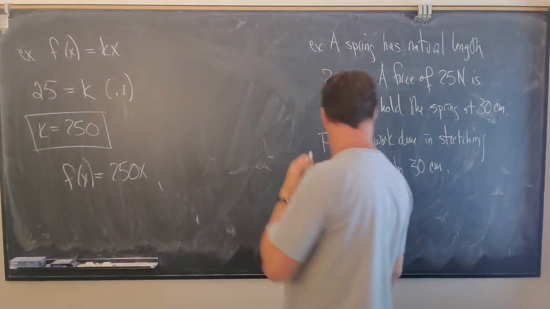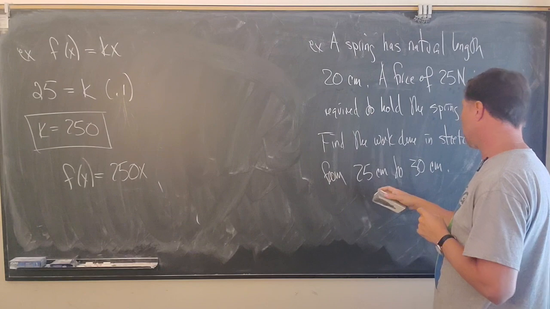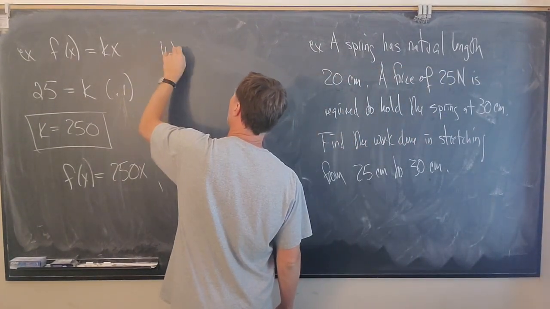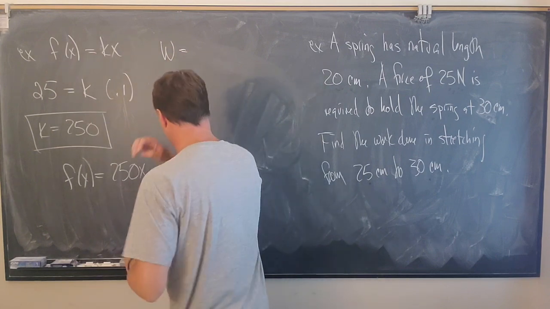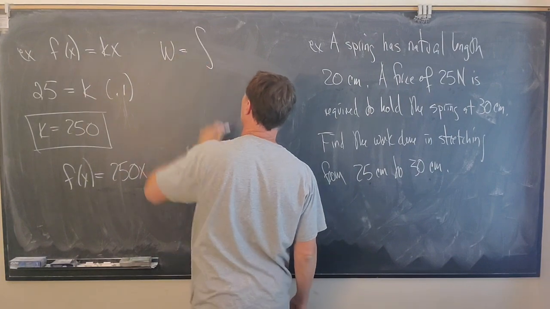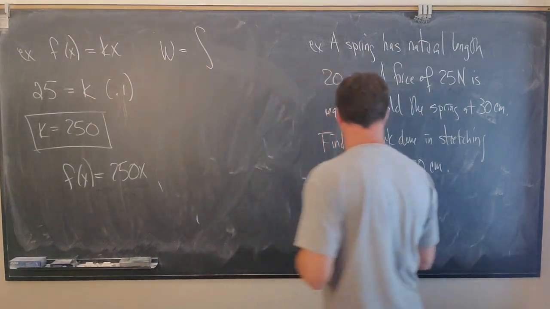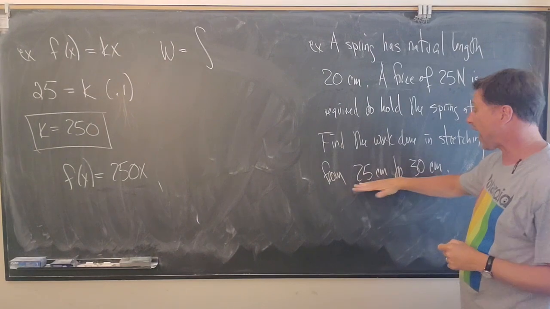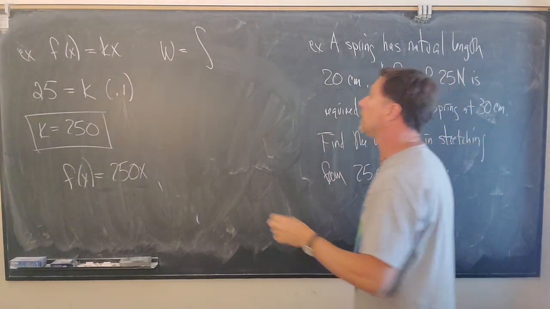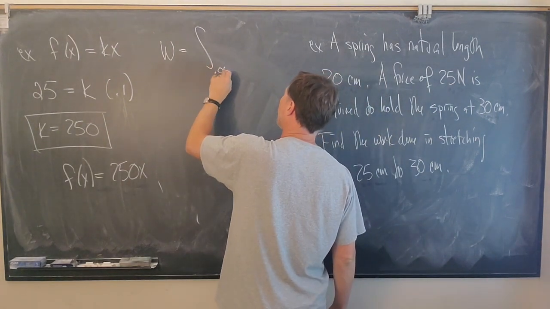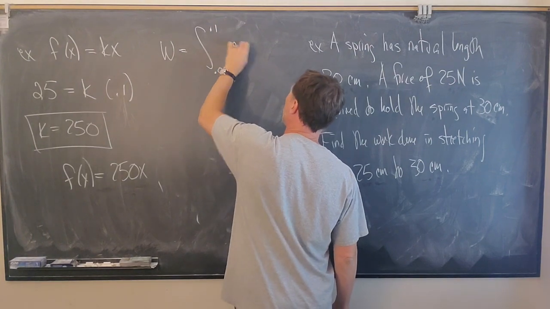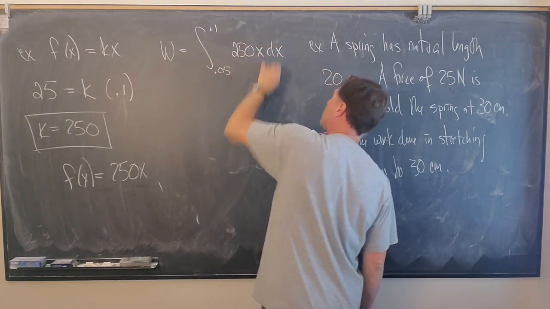Now we want to find work. We want to find work done in stretching the spring from 25 to 30 centimeters. So the work is going to be, remember what we showed, we've got our force function. To find work, you integrate the force function. The limits of integration are going to correspond to, remember this is 5 centimeters past its natural length. This is 10 centimeters. So the limits of integration here will be 0.05 and 0.1. And then we have 250 x dx.